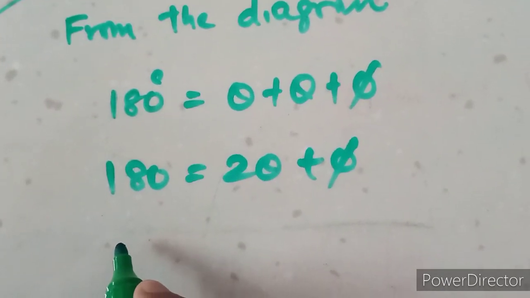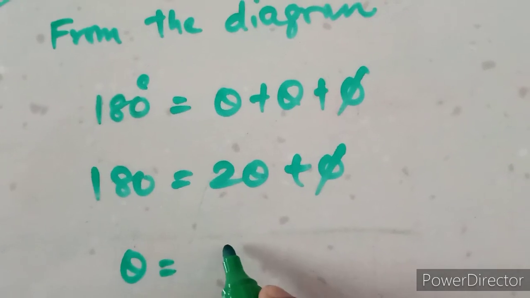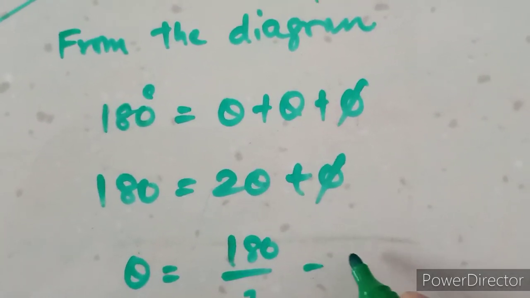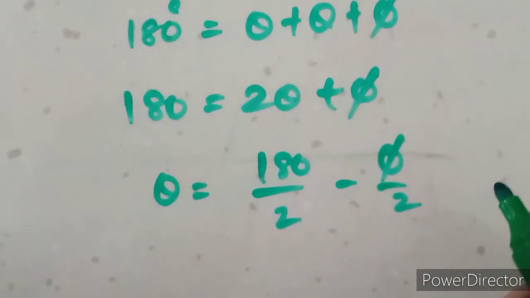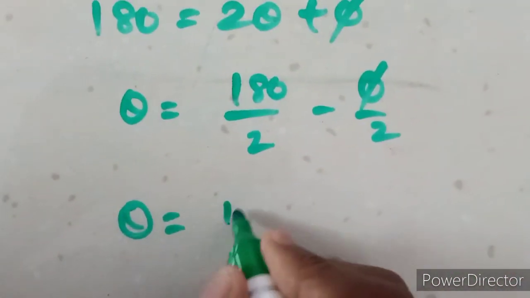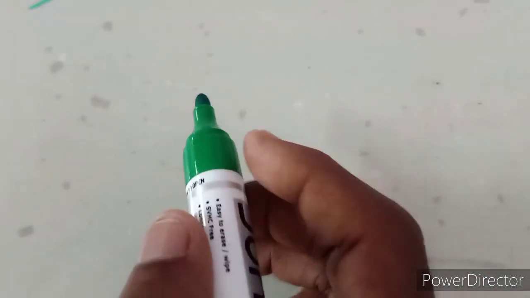So here theta equals 180 upon 2 minus phi upon 2. Theta equals pi by 2 minus phi by 2.